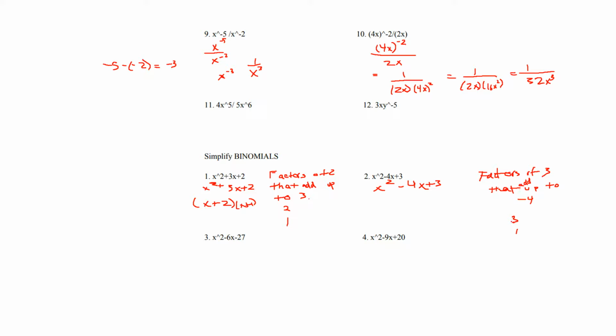To get a sum that is a negative number, we need 2 negative numbers. So it's going to be negative 3, negative 1. We can't have negative 3 and 1 because that would multiply to a negative number, which 3 is not. So we know it needs to be 2 negative numbers, and the only factors of 3 are 3 and 1. So it's going to be x minus 3 times x minus 1 for number 2.